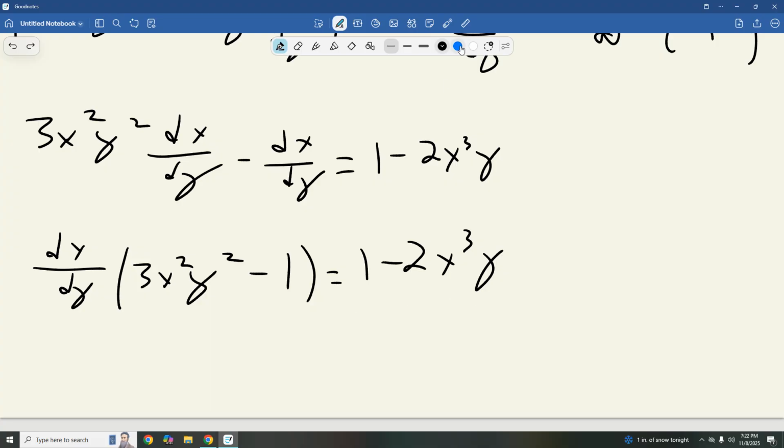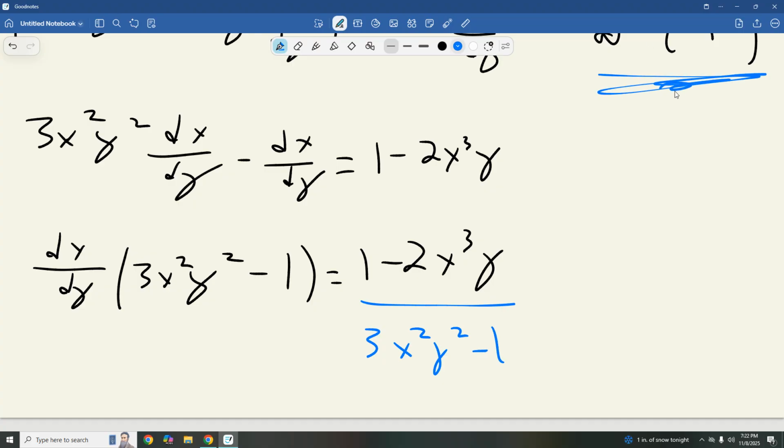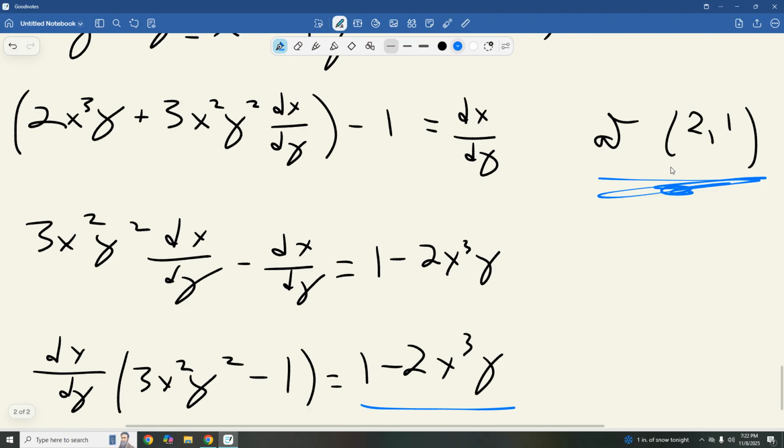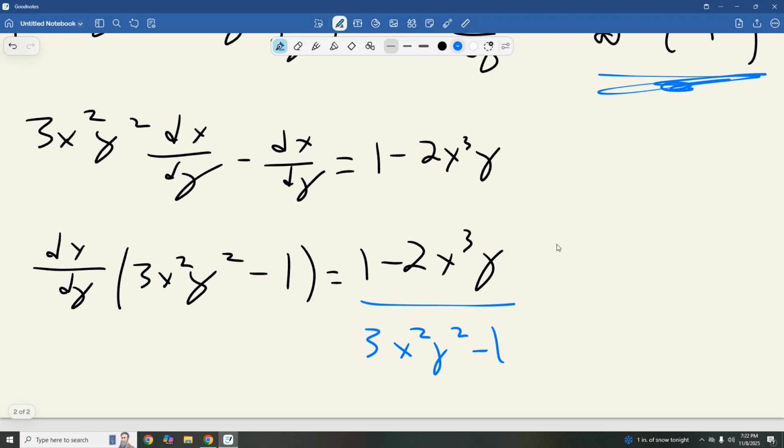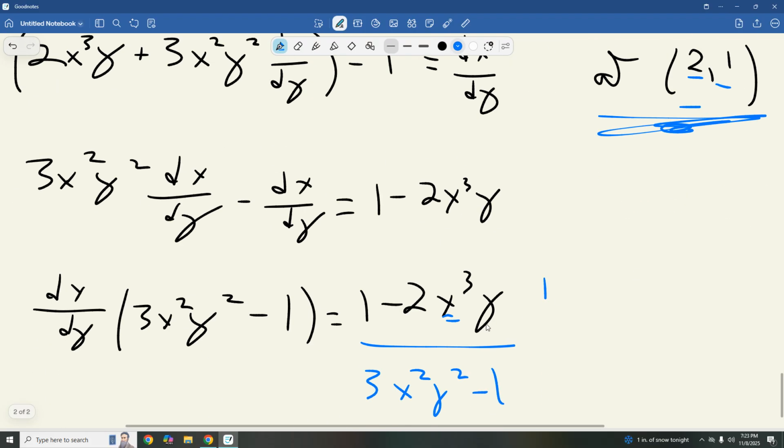So finally, all you do is divide by 3x squared y squared minus 1. Now this is where the new stuff comes in, where we need to evaluate at (2, 1). And at (2, 1) basically means all you need to do is plug in 2 for the x's and 1 for the y's.